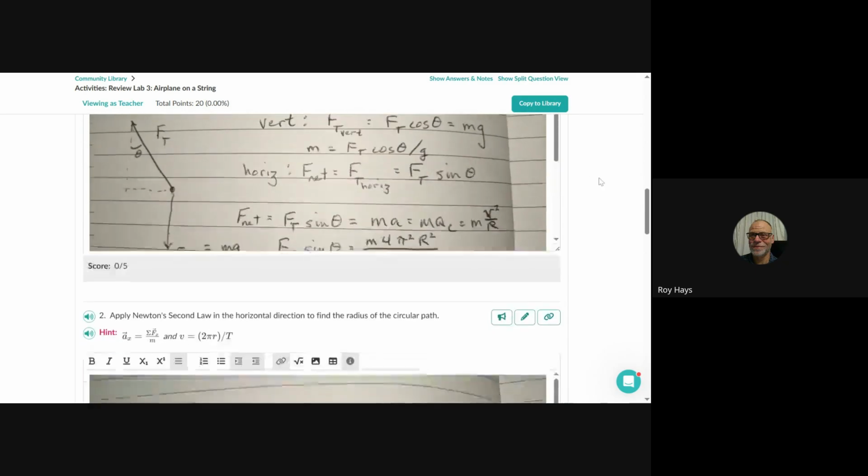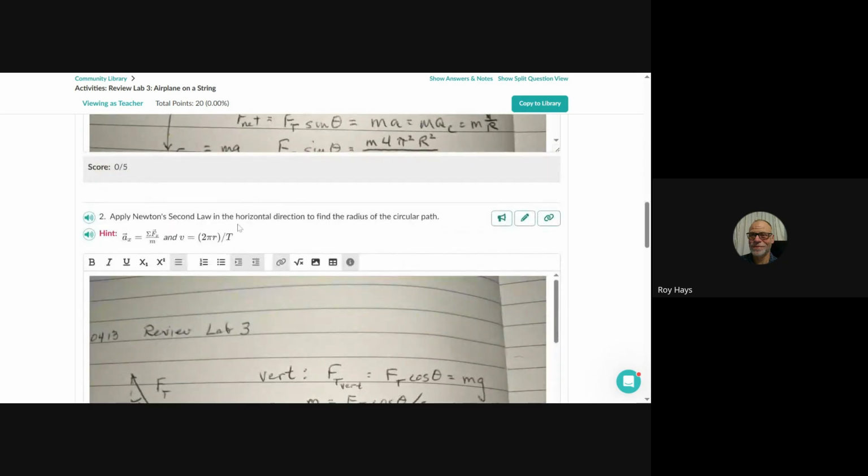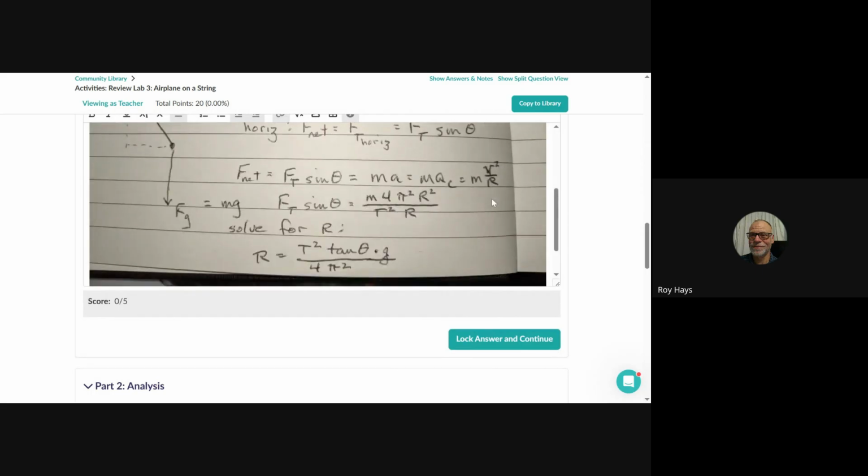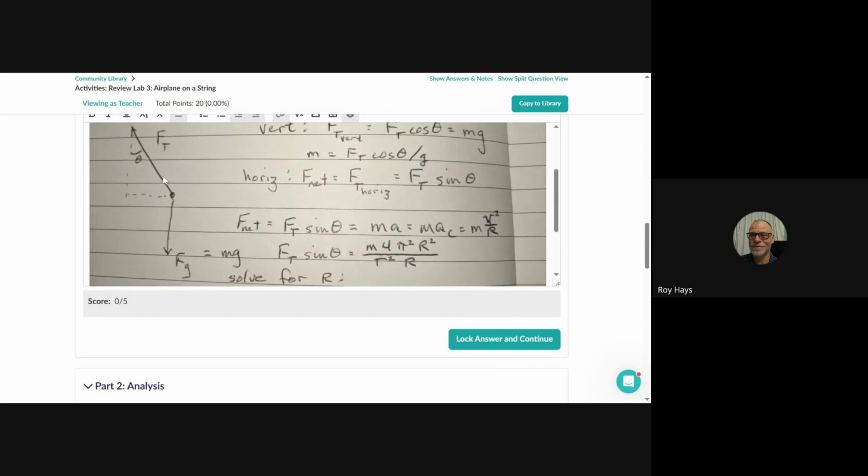The second question is to use Newton's law in the horizontal direction to predict the radius of that circular path. If I use that same image, now looking horizontally, the net force horizontally is the horizontal component of this tension. So this is the tension times the sine of this angle.